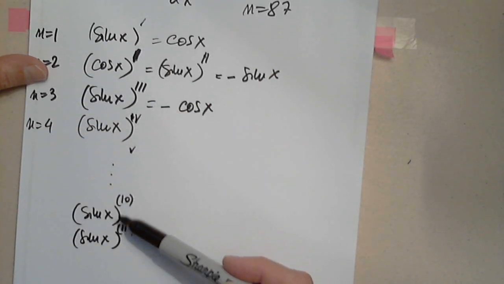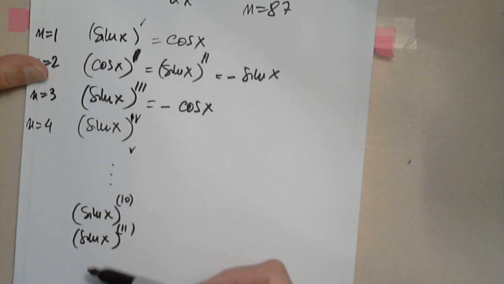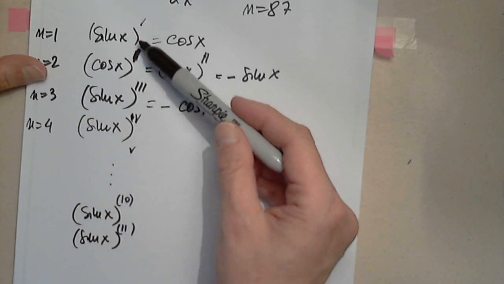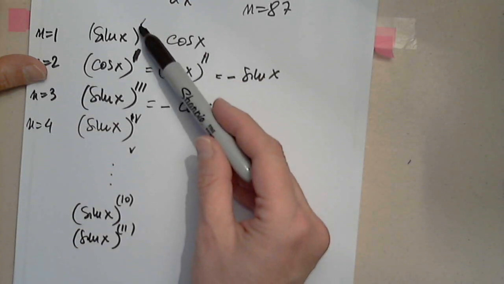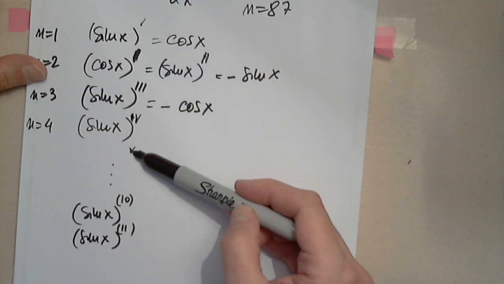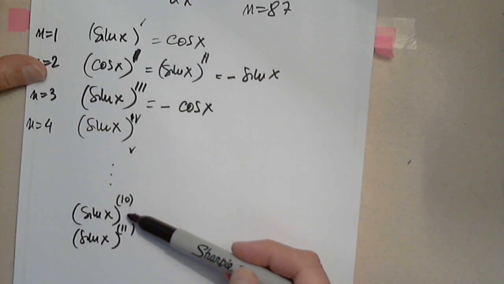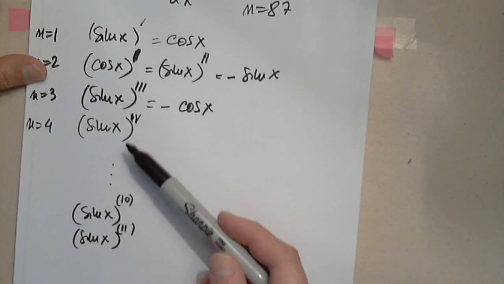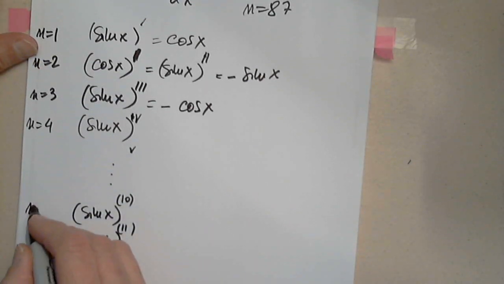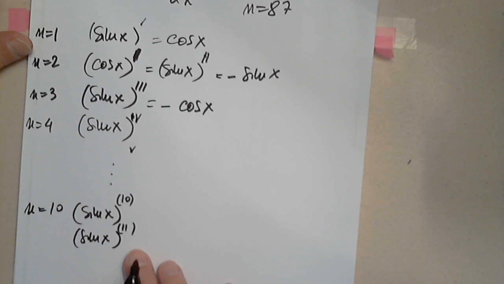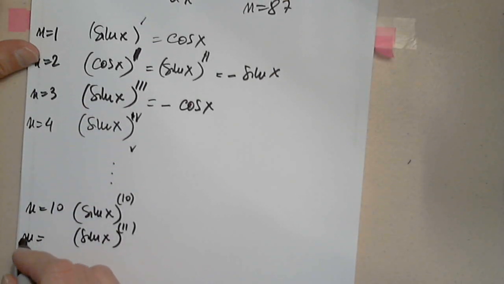We put in parentheses 10, 11, whatever. So if you see at the beginning the first, the second, the third, the fourth, the fifth, and then all of a sudden parentheses 10, parentheses 11, this is what it means. It means this is the 10th derivative, and this is the 11th derivative, and so on and so forth.